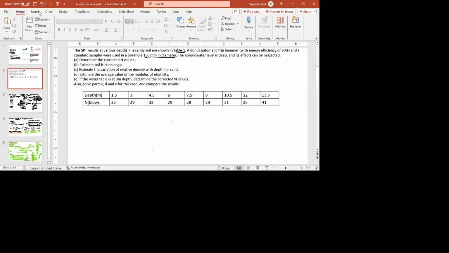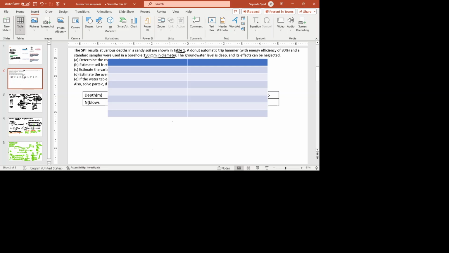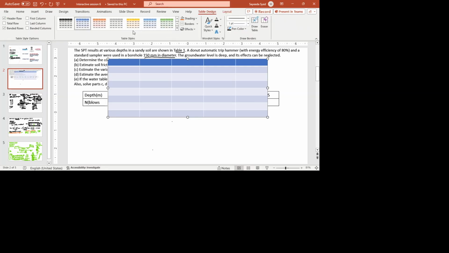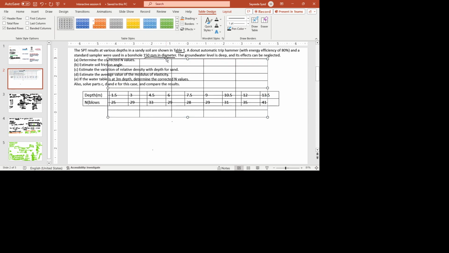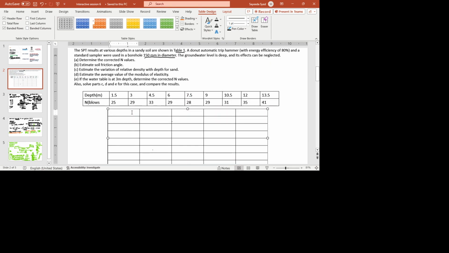Okay, I think that is an option given in Excel. So okay, let's take depth. These are the uncorrected blows.